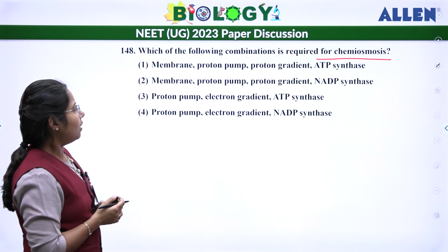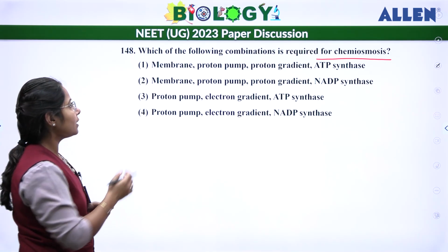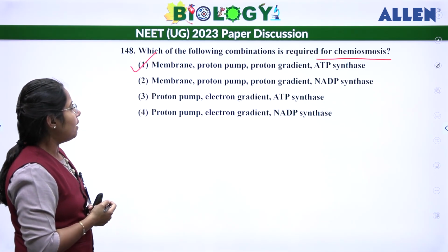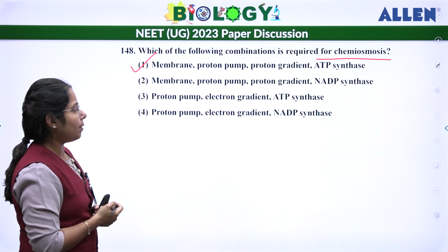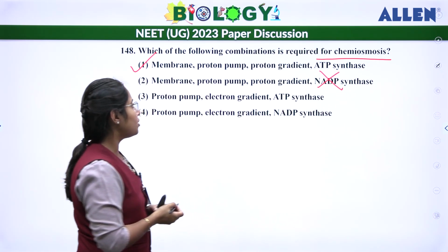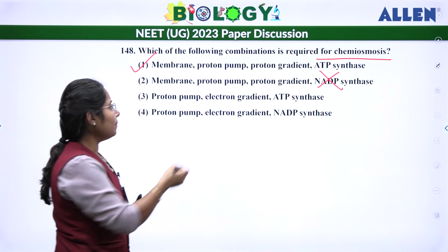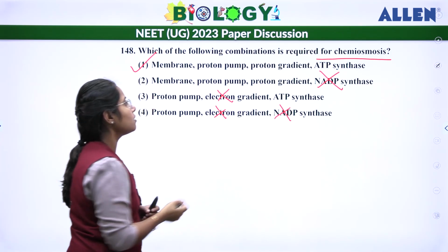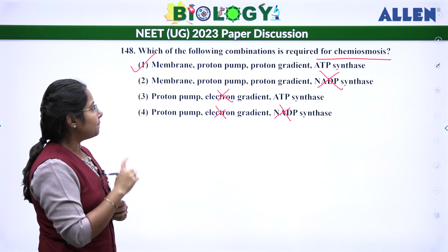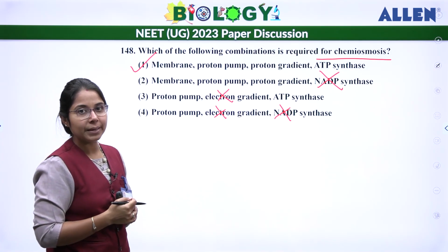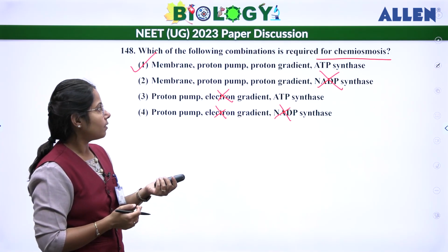So a membrane, proton pump, proton gradient, and ATP synthetase. Second option, if you see, membrane, proton pump, proton gradient, NADP synthetase is not required. Proton pump, electron gradient is not required. So the correct answer will be the first option. Membrane, proton pump, proton gradient, as well as ATP synthetase.